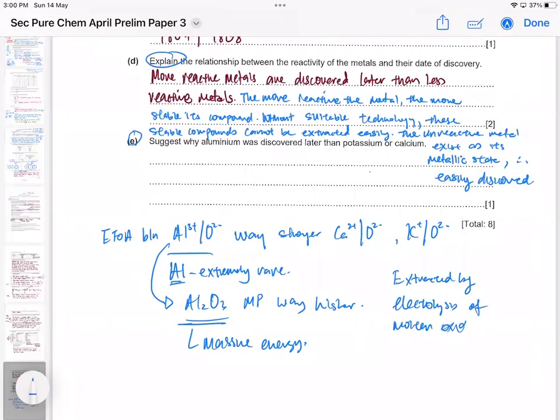Now, this is the killer word, molten. And this is the single reason why it is so expensive to do electrolysis. Not only do you need to run electricity, you need to keep your electrolyte molten. And the only way to keep the electrolyte molten is to heat it. That means you're constantly melting ores. You're melting the ore and at the same time using electricity. That's why it is very expensive to do electrolysis.